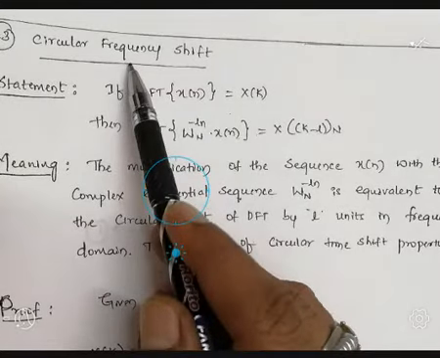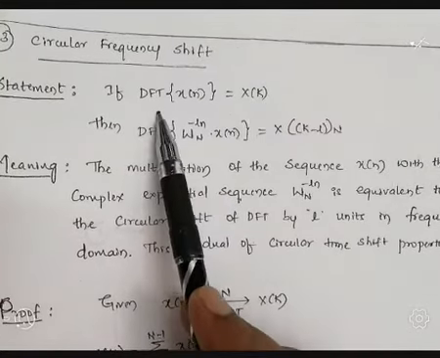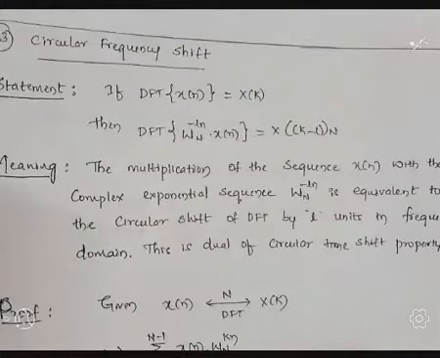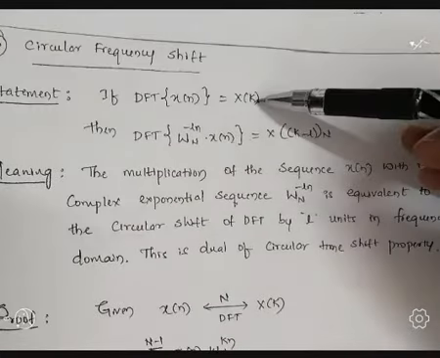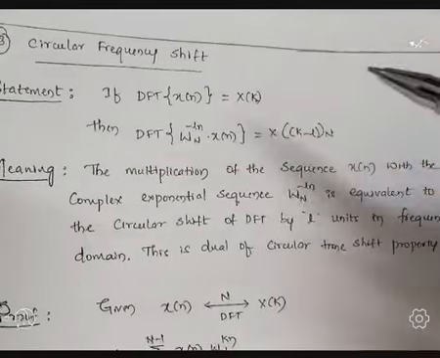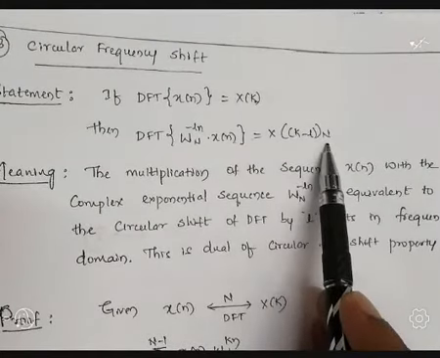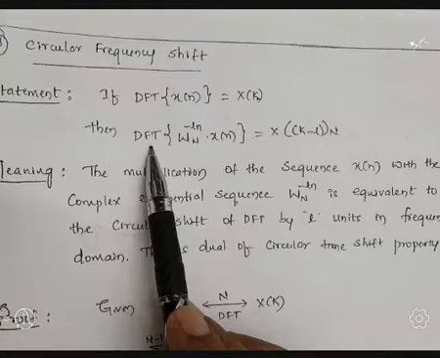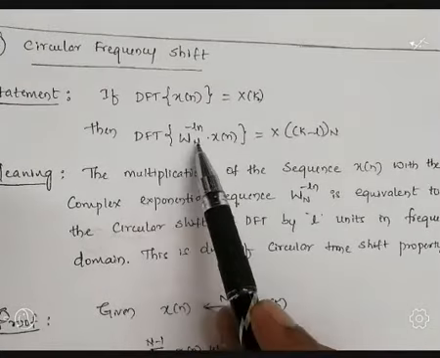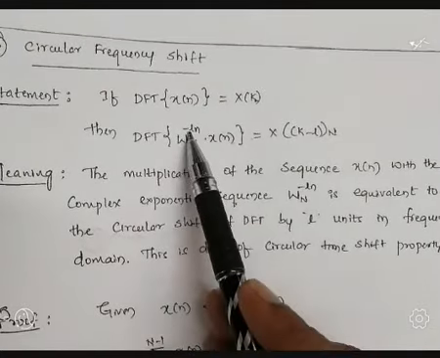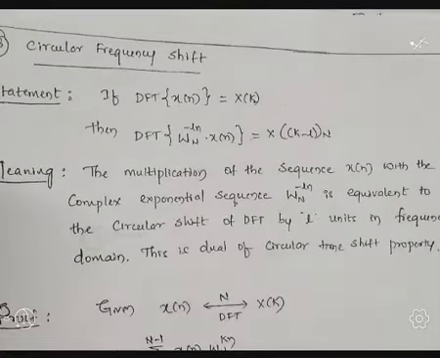Hence, if the DFT pair is represented as DFT of x of n equal to X of k, then frequency shift means we have to shift the k value. Hence, X of k minus l of n is equal to, vice versa, the DFT of Wn to the power minus ln multiplied by x of n. So this one you have to prove.